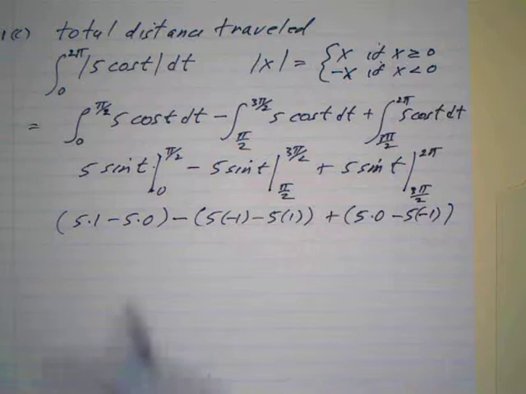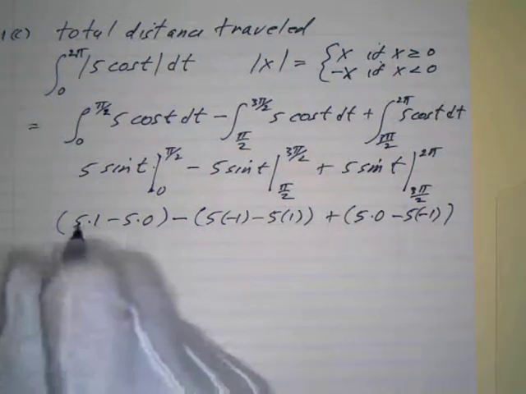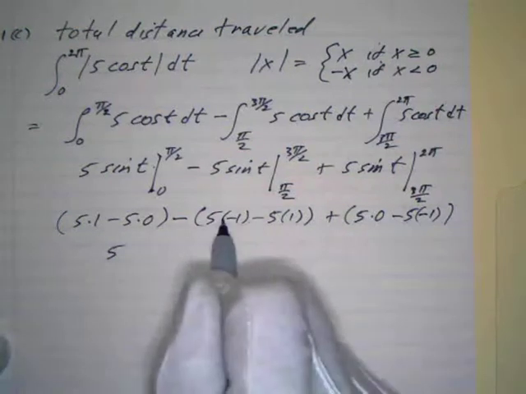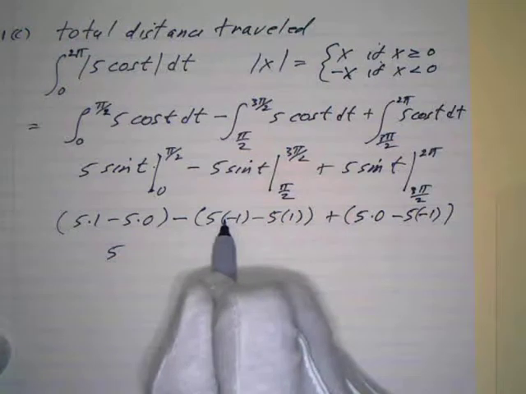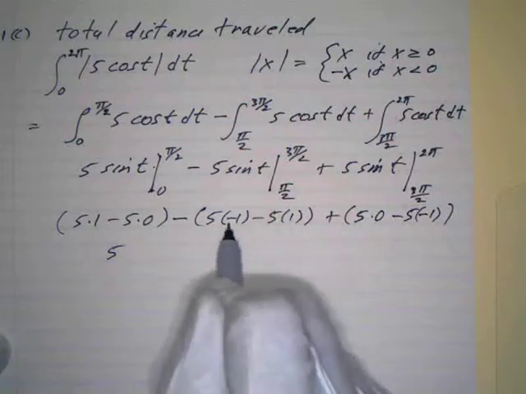Okay, and then the first part is just 5. And then what's this in here? We have negative 5, and negative 5 is negative 10, times a negative is a positive 10.